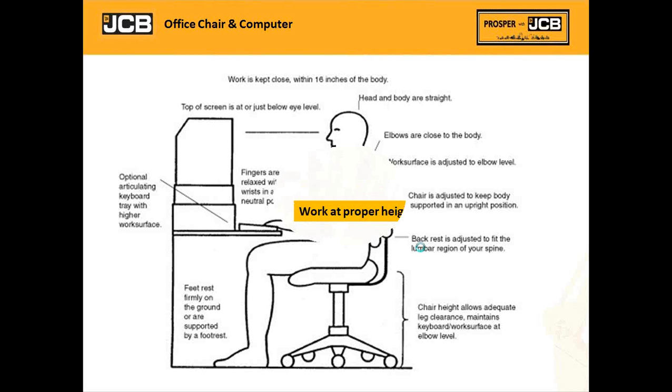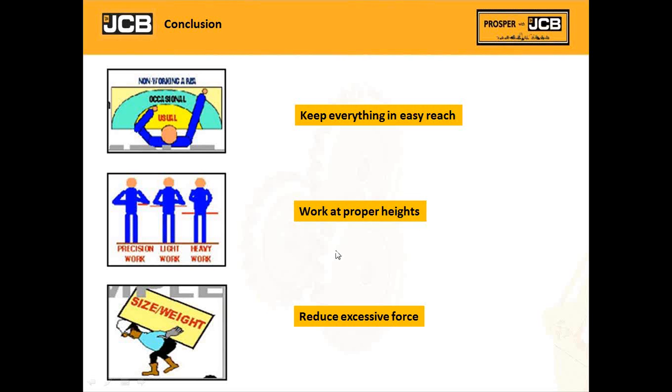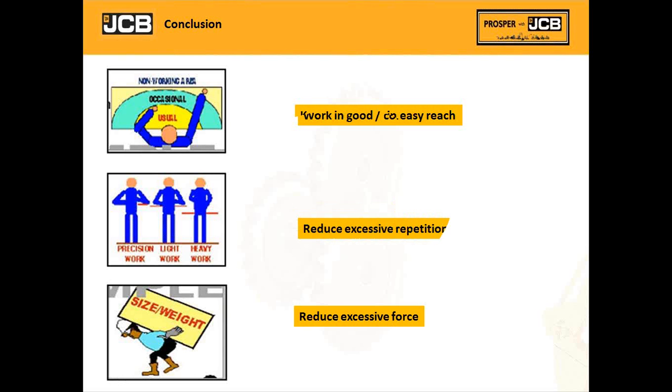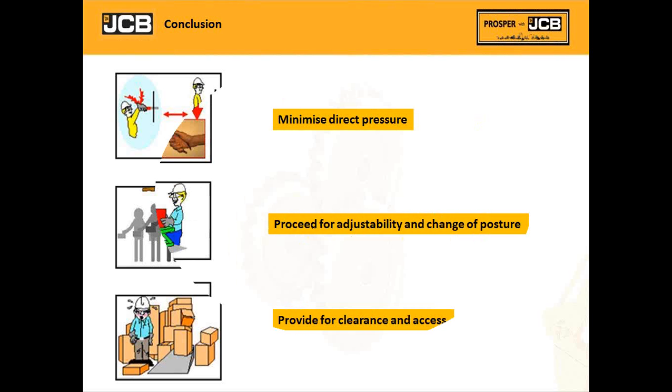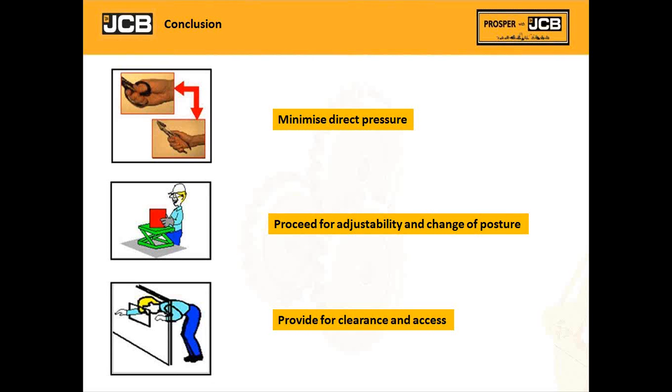Then just to conclude: keep everything in easy reach, work at proper heights, reduce excessive force on your body, work in good and correct postures, reduce excessive repetition, minimize fatigue on the human body, minimize direct pressure, provide adjustability and change of posture, provide for clearance and access. This is just to sum up, and this was from my side.